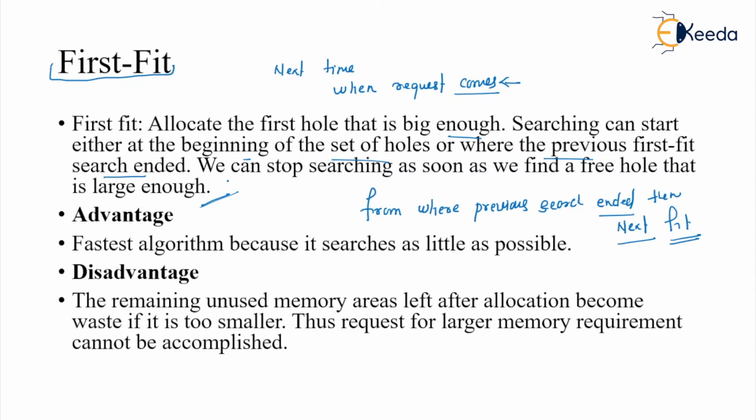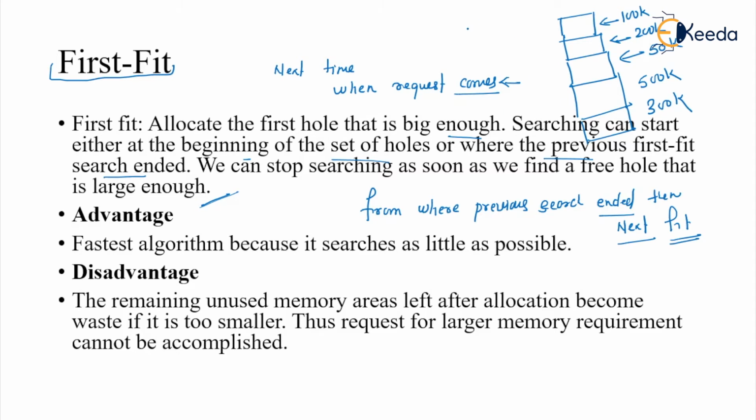We don't need to go for the best answer. For example, suppose the holes are 100k, 200k, 50k, 500k, and after that a hole of size 300k.